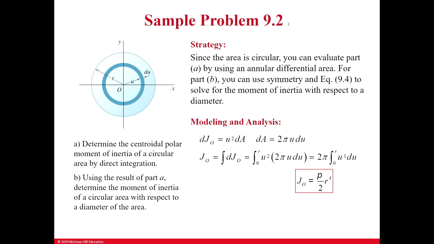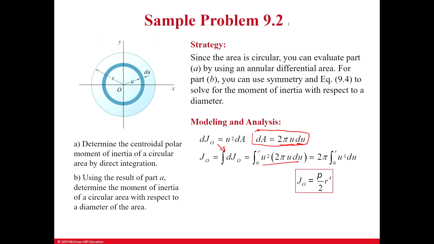We have to transfer the differential of area into terms of u. If you remember calculus, the perimeter is 2 pi r, and the trick is to get the differential of area in terms of the differential of your coordinate. So the differential polar moment gets transferred into an integral of u squared, from 0 to r, because that's the maximum radius.